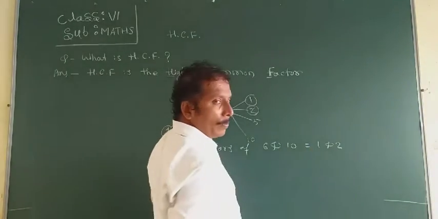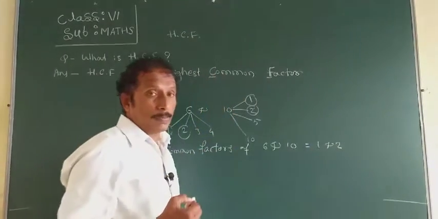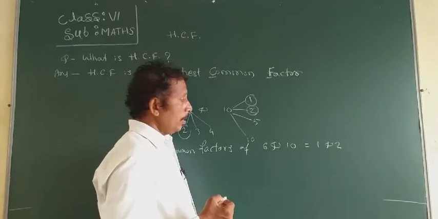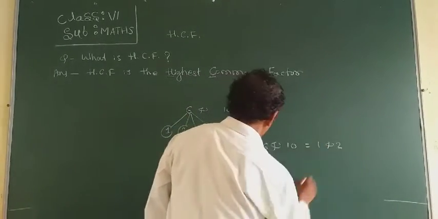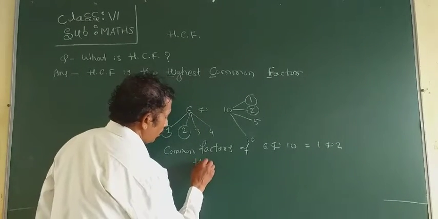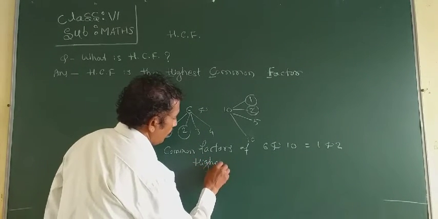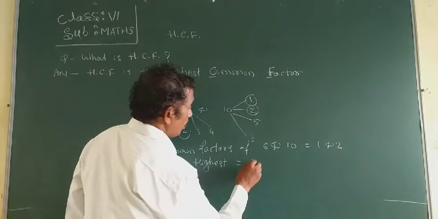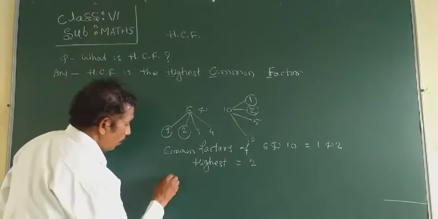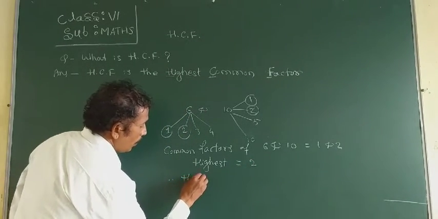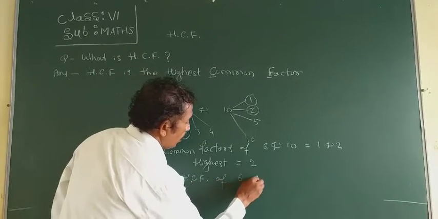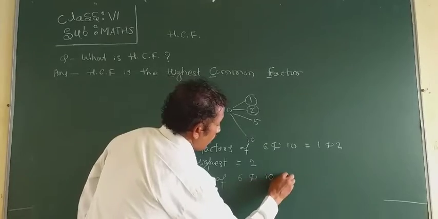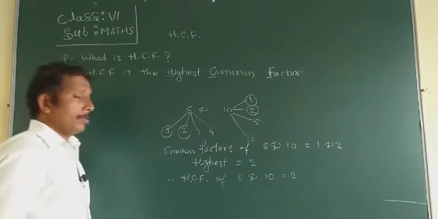In these two common factors, which is the highest factor? 2 is the highest factor. Therefore, the highest common factor, HCF, of 6 and 10 is equal to 2.